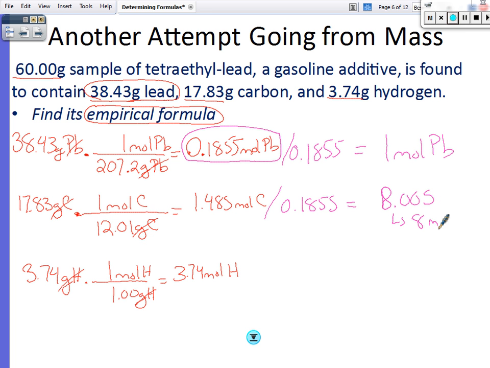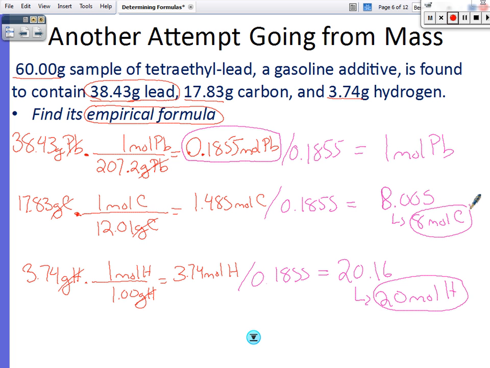That's close enough. Mole carbon, and my hydrogen. And that's going to give me 20.16, which I'm going to round to 20 moles hydrogen. So I've got 20 mole hydrogen, 8 mole carbon, and 1 mole lead.